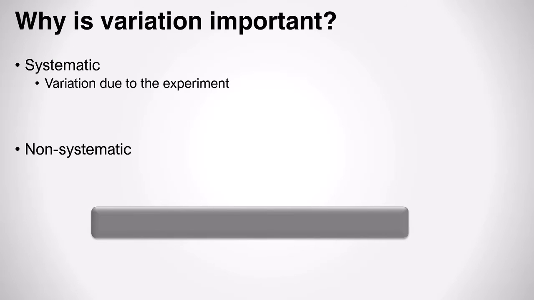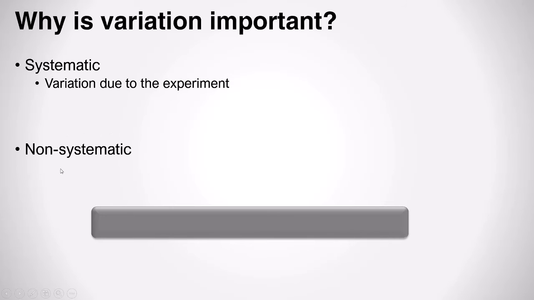So that variation is important because that dispersal around the mean, that variation, could be due to the experiment. So in our example of physical activity levels and dissertation performance, any variation around the mean could be due to physical activity. So that's called systematic variation.